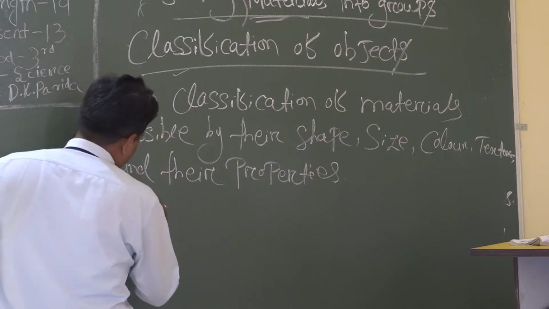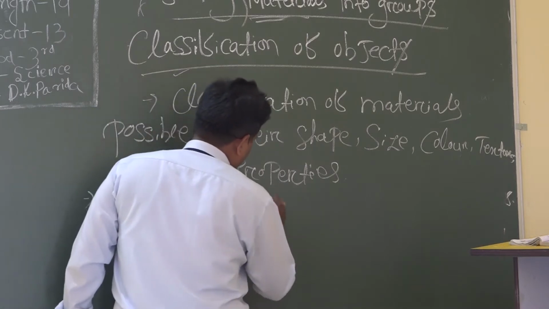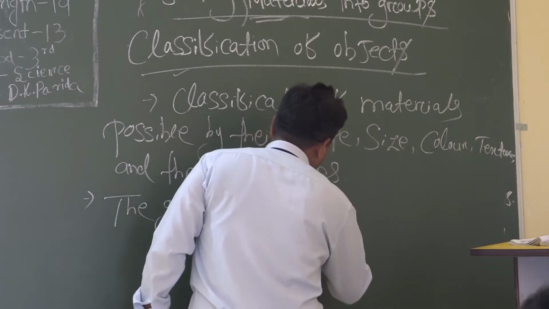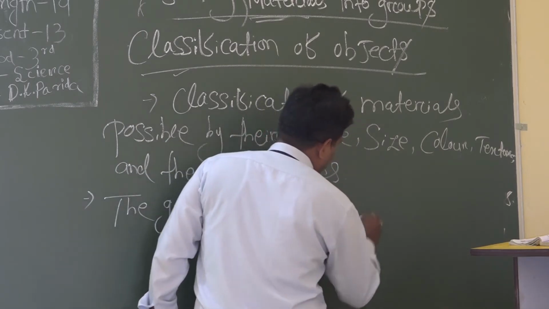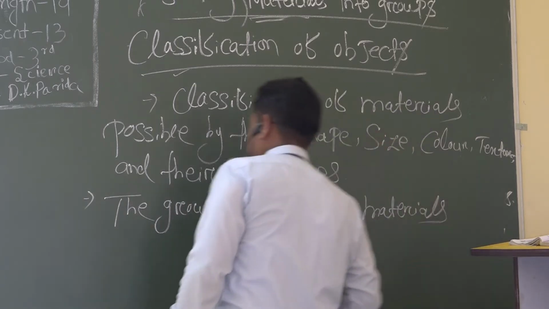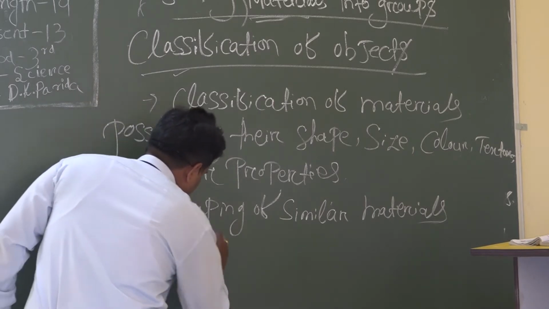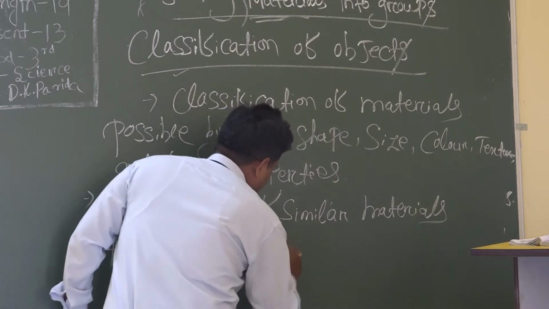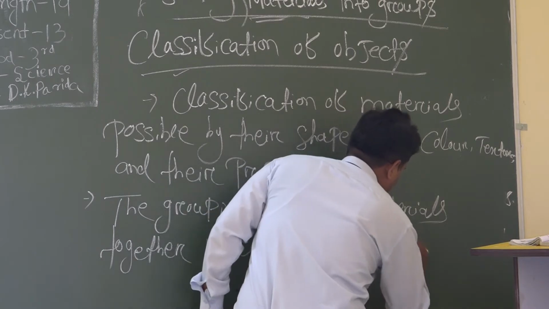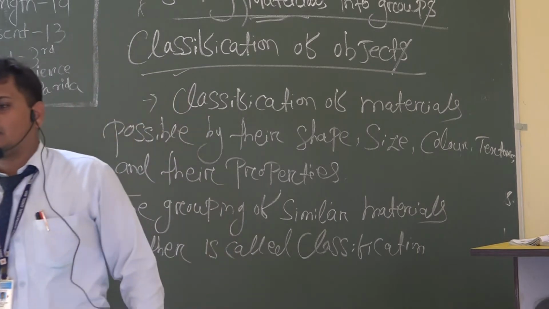And write the definition of classification. The grouping of similar materials together is called classification. Okay, that is called classification.